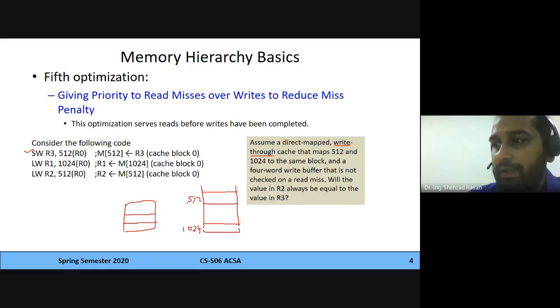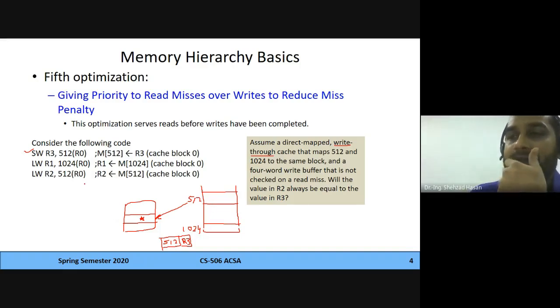So first of all, you're going to bring that block over here. You're going to make some changes, and then there is a write buffer, which is also going to be updated with that change, that the 512 block is going to get the value of R3. And whenever it gets time, it's going to update the same thing in the 512 block.